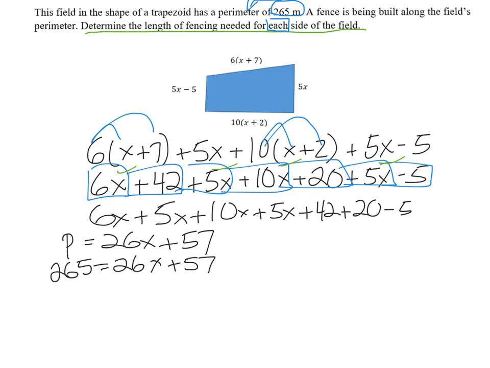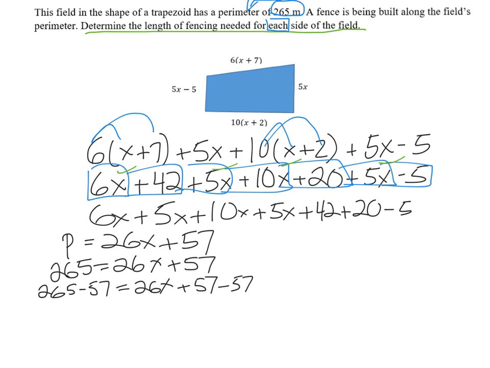Now to isolate x, I'm going to have to subtract 57 from both sides. So 265 minus 57 equals 26x plus 57 minus 57.